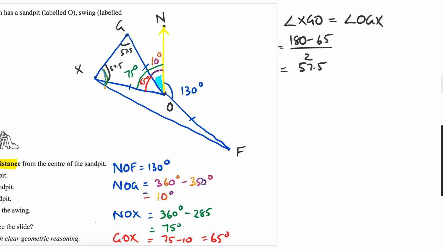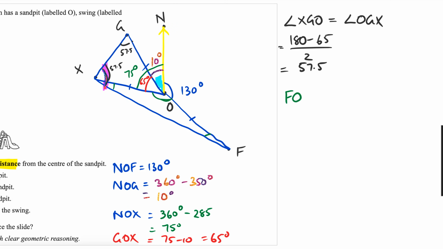And I need to figure out, remember this is what I'm looking for, the whole thing. So I need to actually work out two angles. I also need to work out what this little angle here is going to be. But to do that, I actually need to know what this angle is, which is angle FOX.